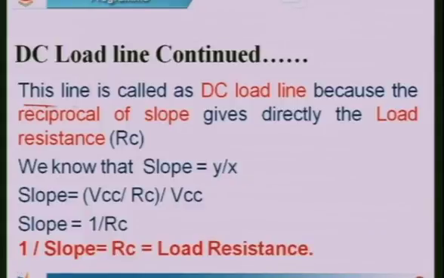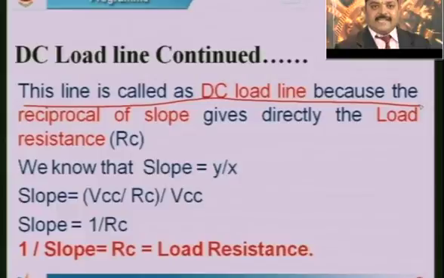This line is called as DC load line because the reciprocal of slope of this line gives us directly the load resistance RC.